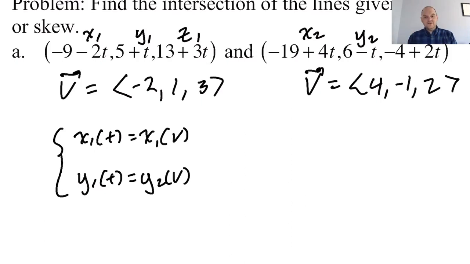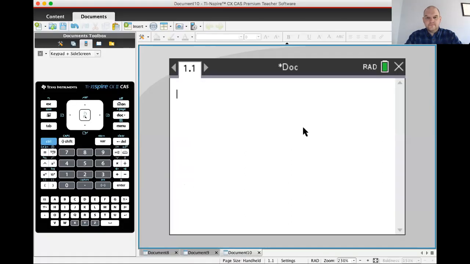I'm going to use a calculator to do this to speed it up. Let me share the calculator screen with you. Okay, so you should be looking at a calculator screen, hopefully. I'm going to store some things. I'm going to say x1 of t is -9 minus 2t, y1 of t is 5 plus t.